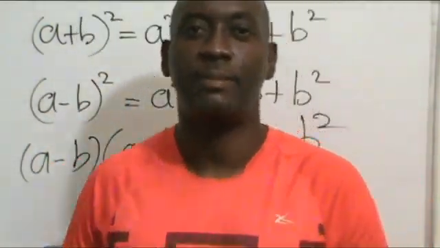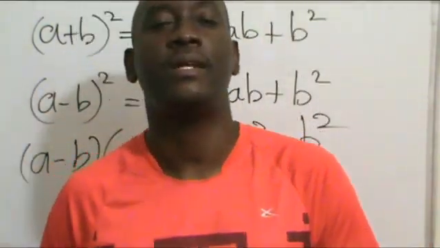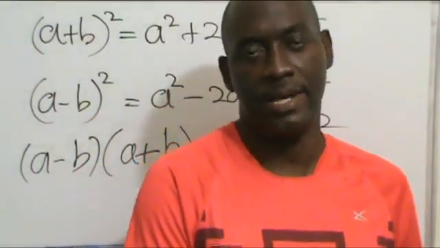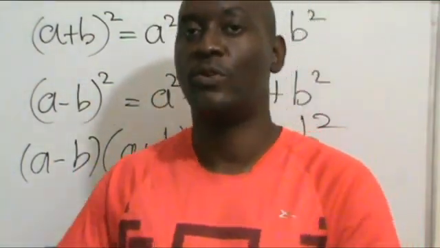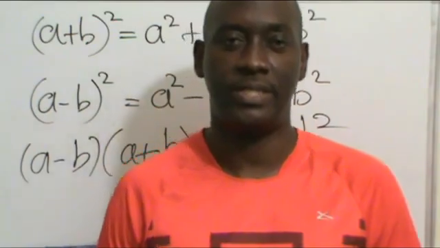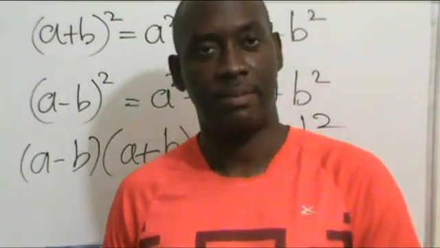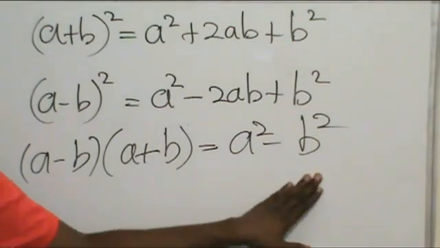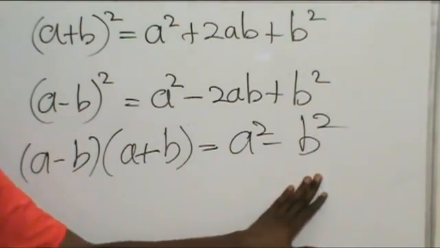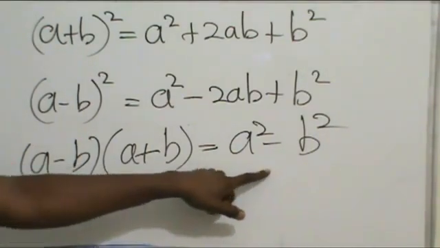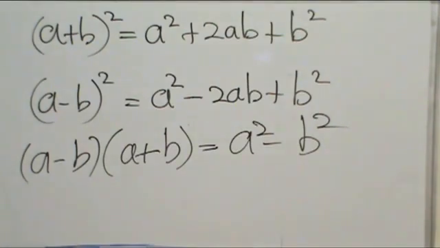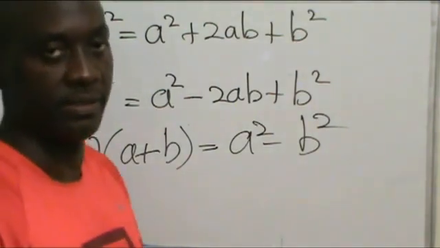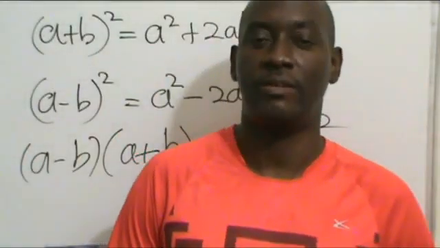A minus B into A plus B is A squared minus B squared. A plus B into A minus B, same thing, which you would have gone through prior to this point in this video, is A squared minus B squared. In your factorization, they will give you A squared minus B squared until you factorize, which working backwards will give you A minus B into A plus B. But we will come to that soon enough.